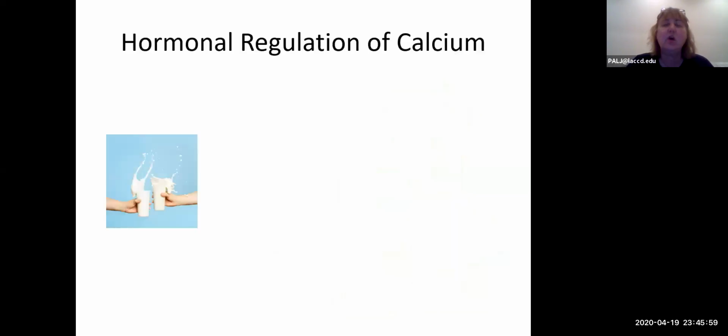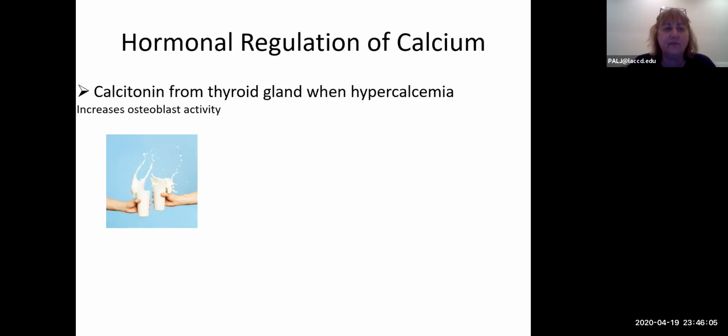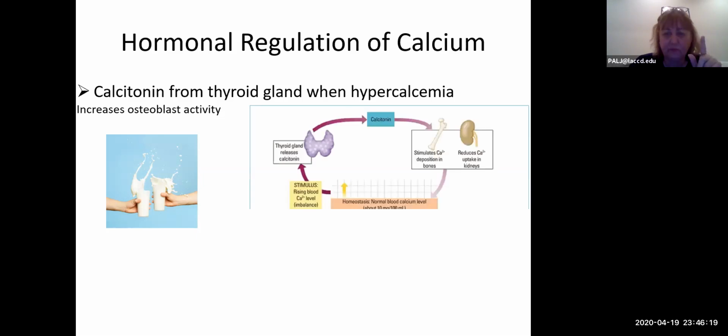All right. So if we put those two things together, these are our major ways we regulate our calcium with hormones. When we are hypercalcemic, the thyroid gland says, oh no, we need calcitonin, which is going to increase your osteoblast activity, decrease your osteoclast activity, and have you excrete more calcium from your body and not absorb it.